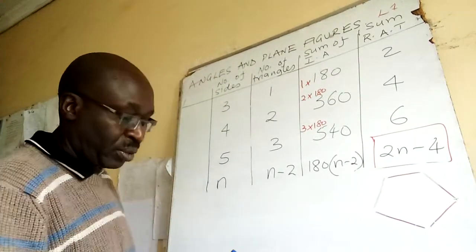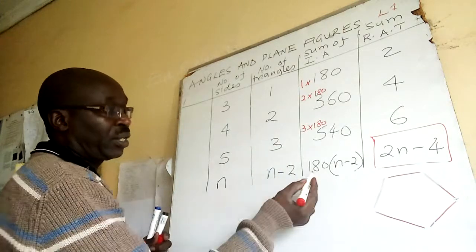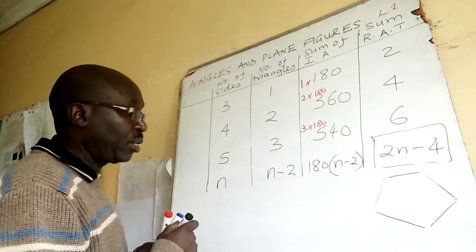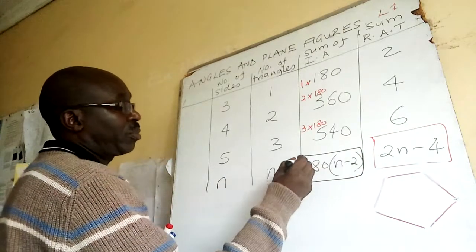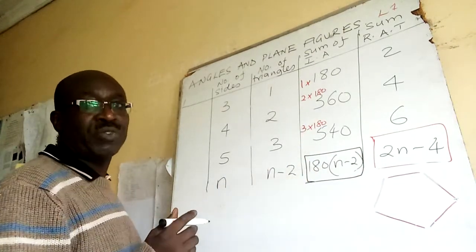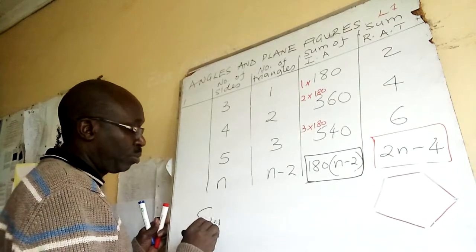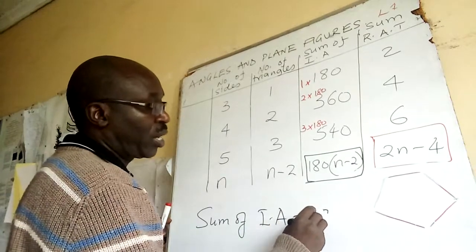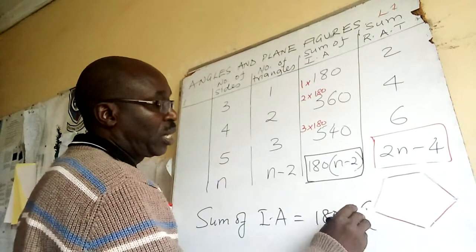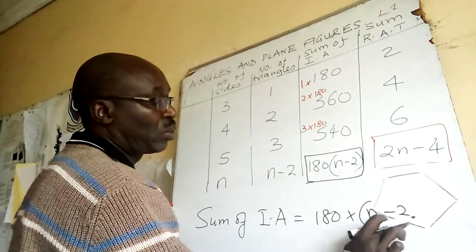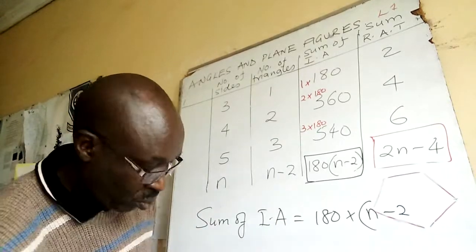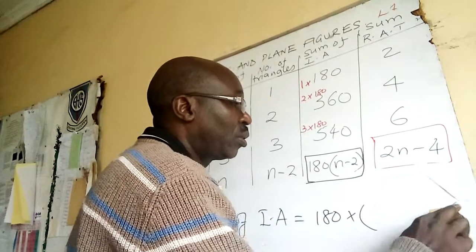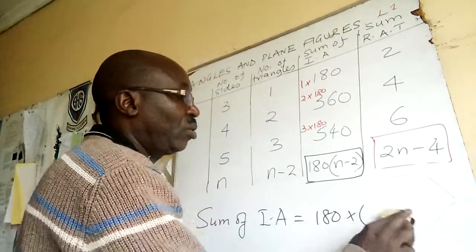Here, like here, we have 180. Okay, here, this is another important one. Okay, sum of interior angles. So the sum of interior angles is equal to 180 times n minus 2. This ink is gone.